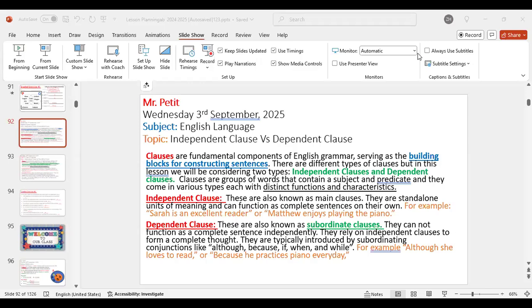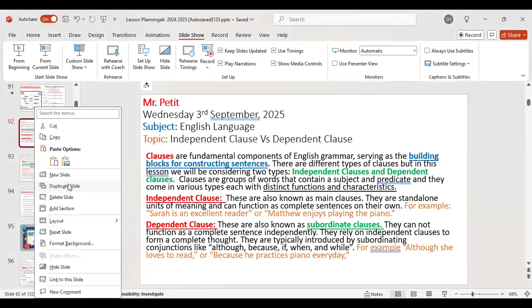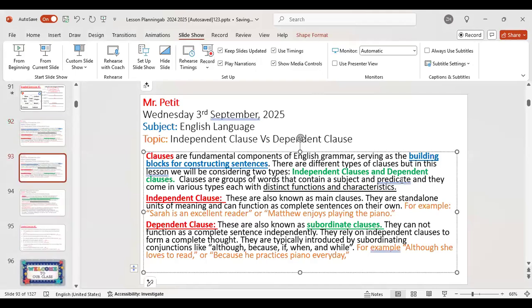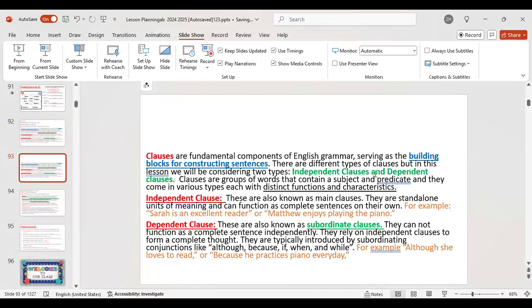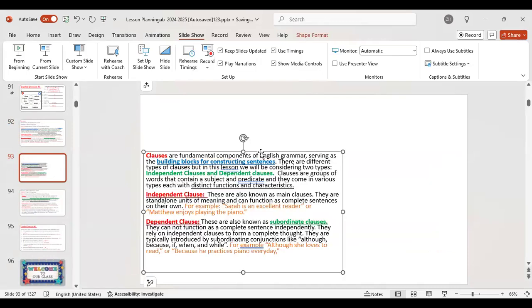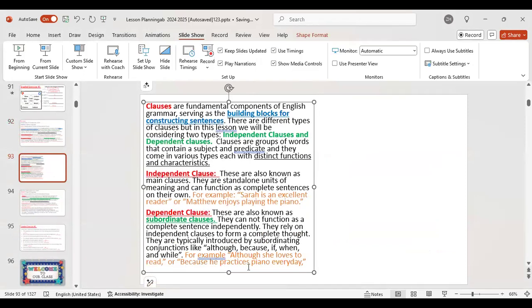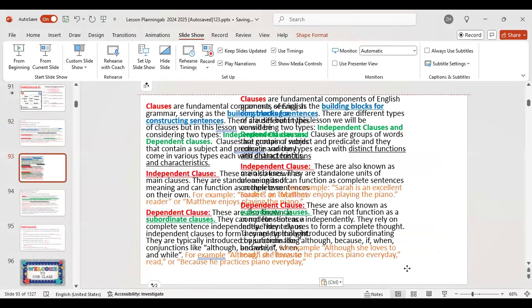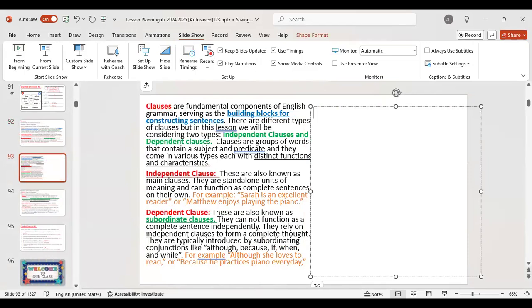Okay, so since they're still writing, let me put the grade exercise on the side for those of you who are still writing. For this one, we just identify which one is independent, which one is dependent. So we have the instructions.